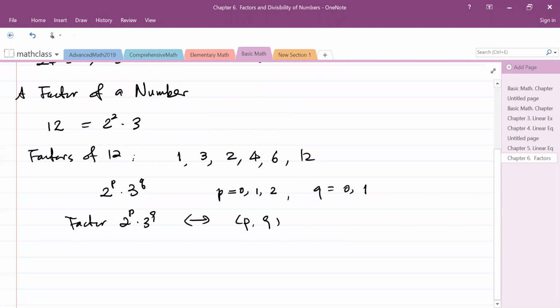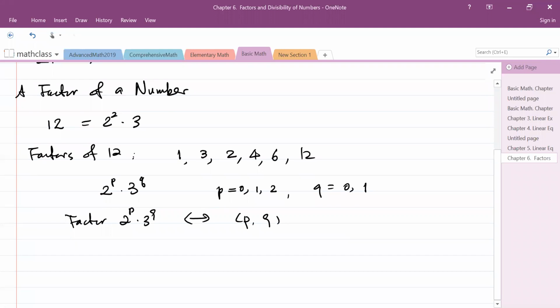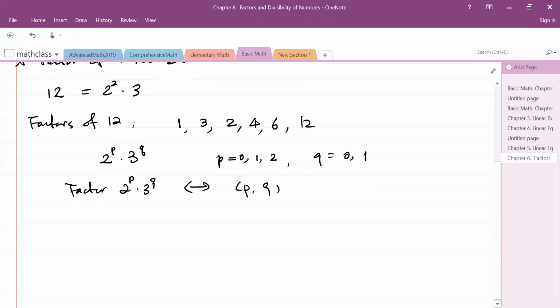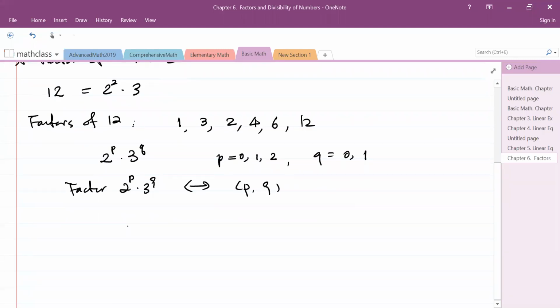So how do you count the number of factors? You have 3 choices for p, 2 choices for q. So the total will be 3 times 2. Why 3 times 2? You can look at it as a matrix.